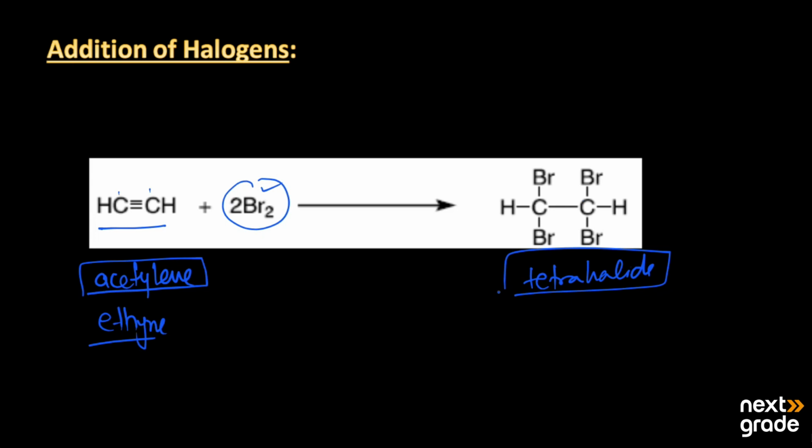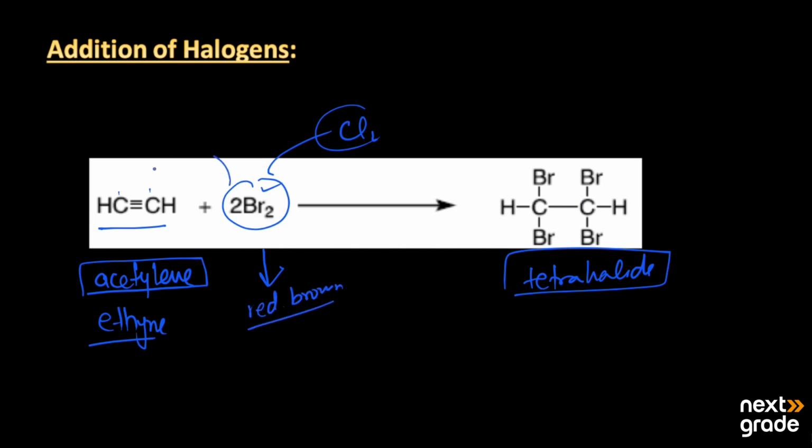We can also add the other halogens, which may be bromine, as well as chlorine. So when bromine is added to acetylene, the red-brown color of the bromine water disappears, as bromine has a red-brown color.